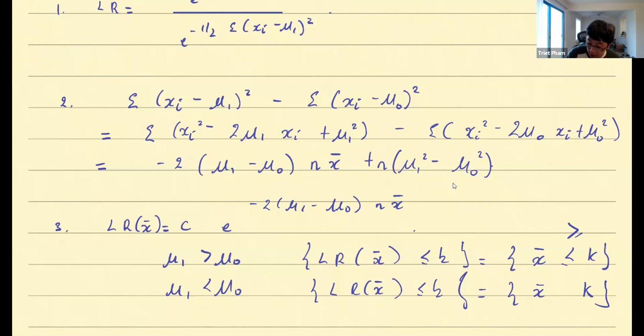Bigger, exactly, right? What's the clue? The clue is if this is bigger, this is positive, this is negative. So it's a decreasing function. If it's a decreasing function, the sign flips.